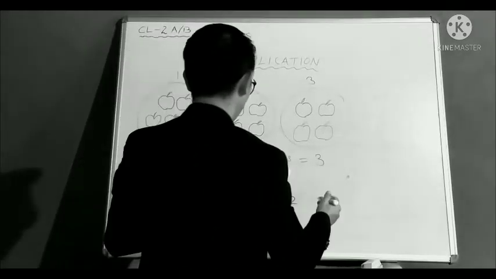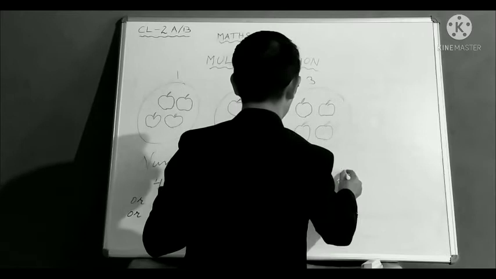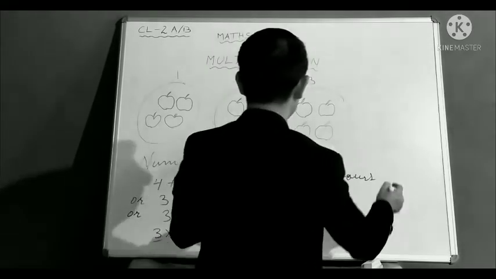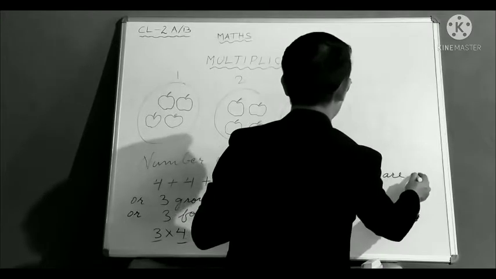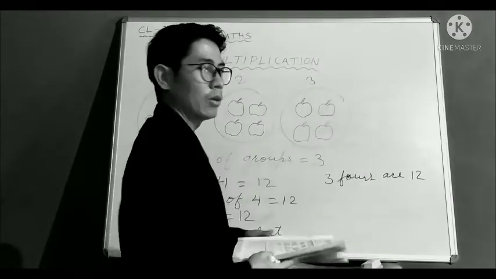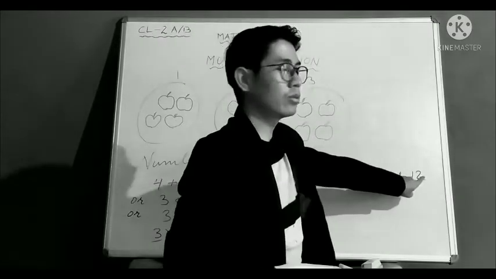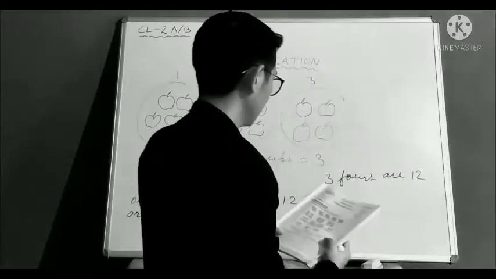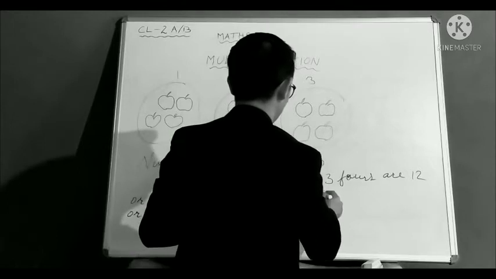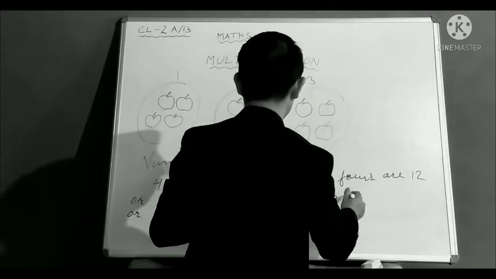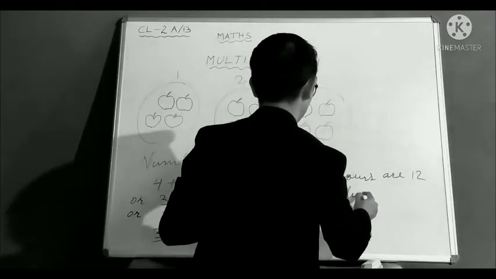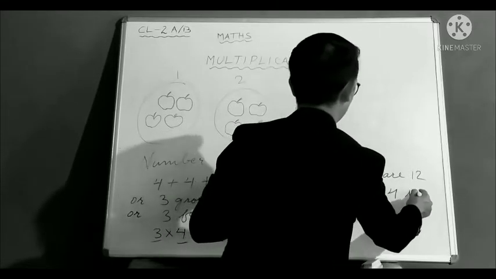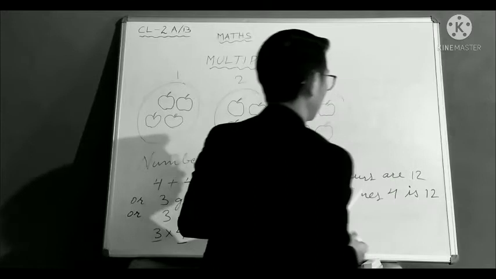So we can also write like this: 3 fours are 12. How do you read it? 3 fours are 12. Or it's like this: 3 times 4 is 12.